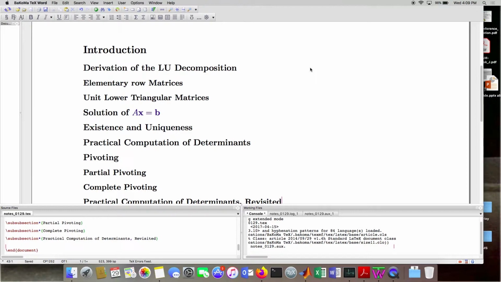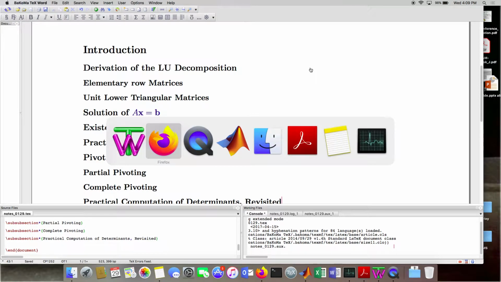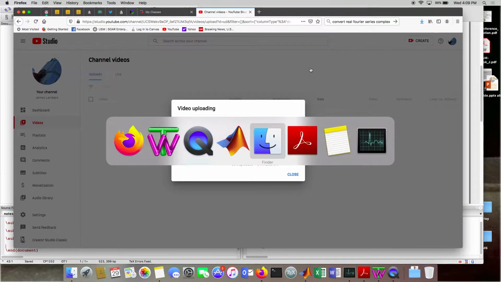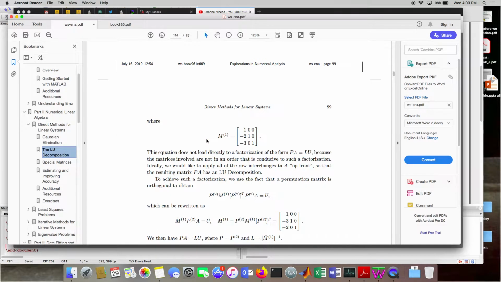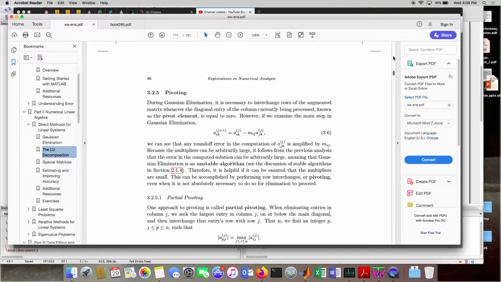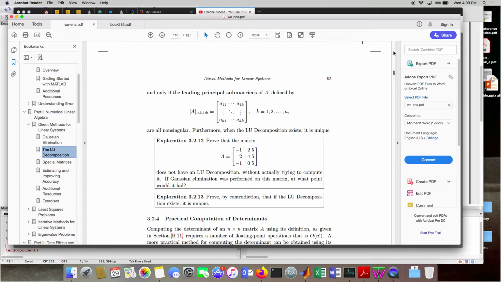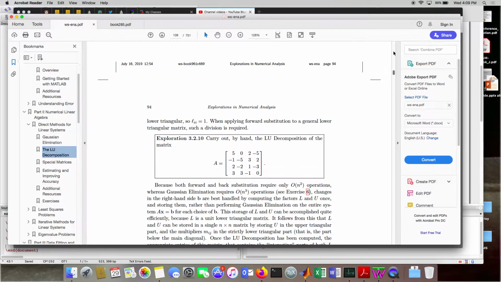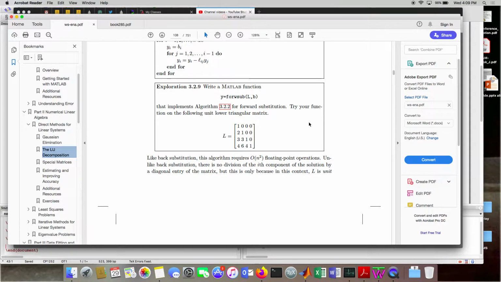Yes. In the last class, it seems like you were going to explain something with Exploration 3.2.9 time and again. Oh, right. And I had deliberately given away what the code was for that. And then the other part of the question is actually to try it on a specific matrix. So what's your question about that?